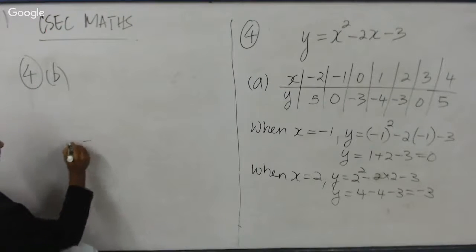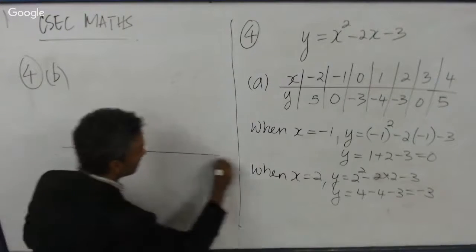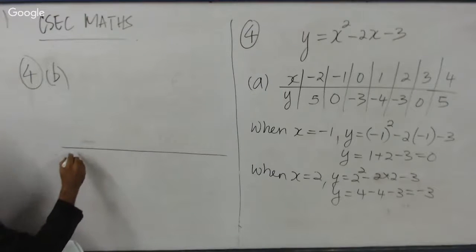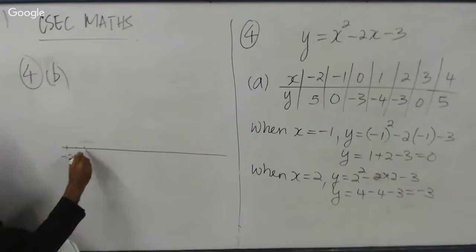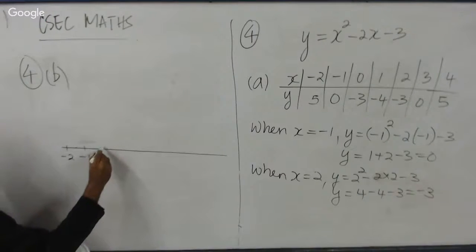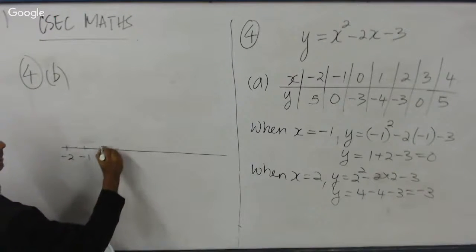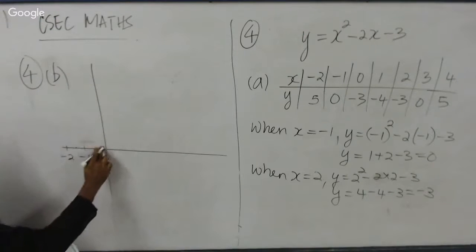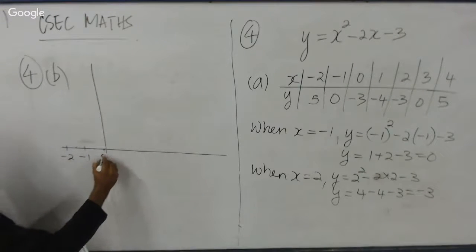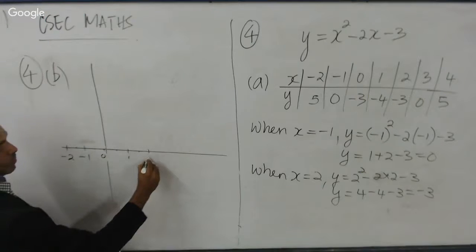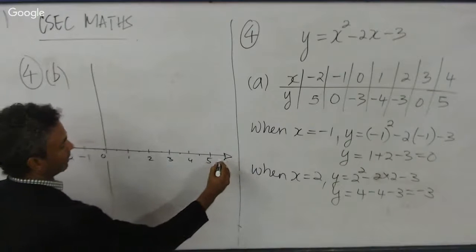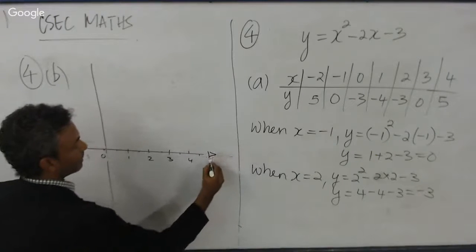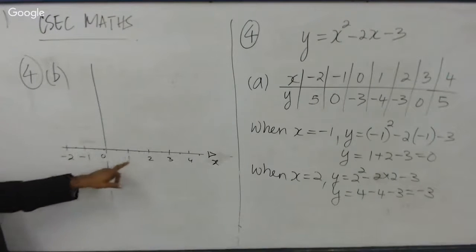So your graph, obviously a sketch: let's say this is -2. Then I'm saying 1 centimeter to 1 unit. If this is 1 centimeter, then this will be -1, 0, which is the axis, then 1, 2, 3, 4. You don't need to go to 5; you need to go from -2 to 4.